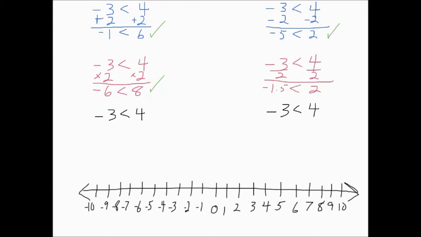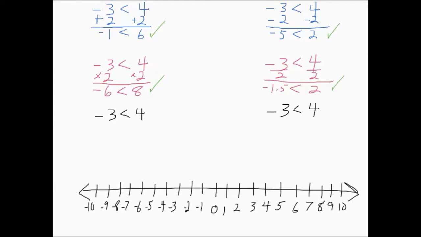And can I keep the inequality? Is this true? Well, here is positive 2. Here is negative 1.5. Between negative 1 and negative 2 is negative 1.5. Is negative 1.5 less than 2? Is 2 greater than negative 1.5? Yes. So this checks out. That works as well.